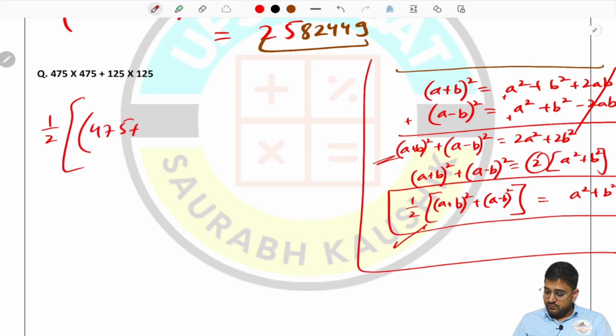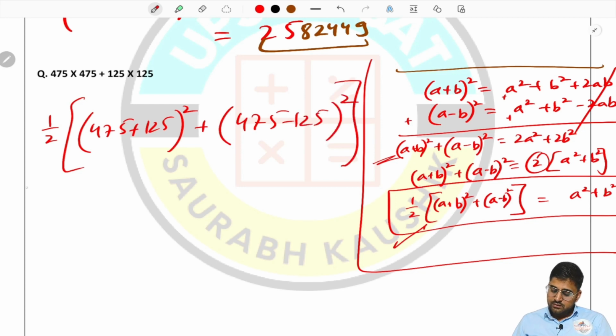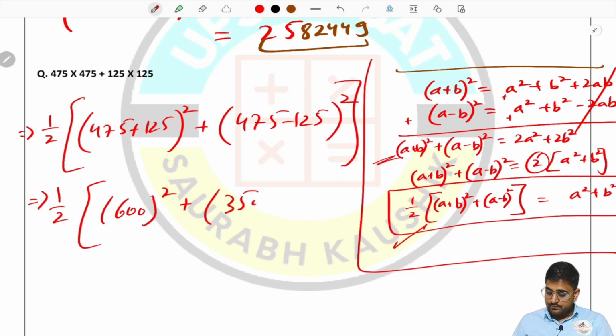So 475 plus 125 whole square plus 475 minus 125 whole square. That is it. Game is over. Nothing more, nothing less to do. It becomes 600 square and 350 square. Game over.